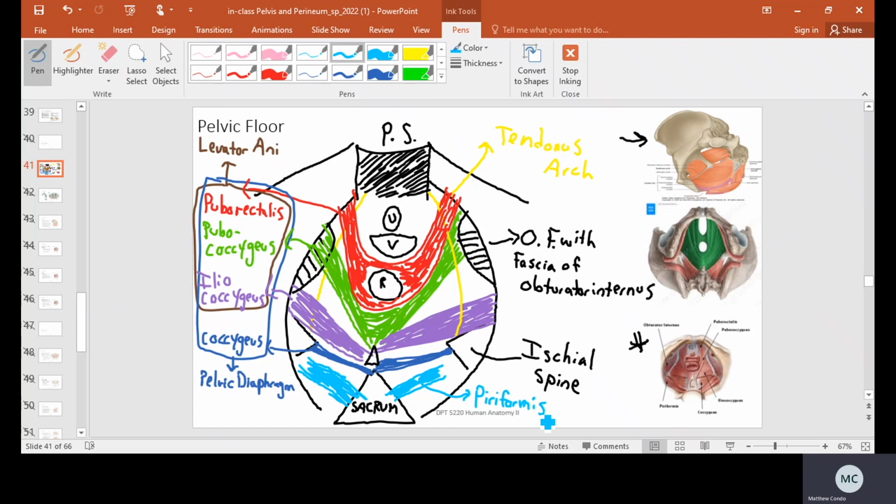Piriformis, not part of the pelvic diaphragm. Piriformis, not part of the levator ani. Piriformis gets all its own credit on its own. Okay? But in terms of dissection, when you guys are actually looking inside that bowl, that is the pelvis, you guys are going to see these.